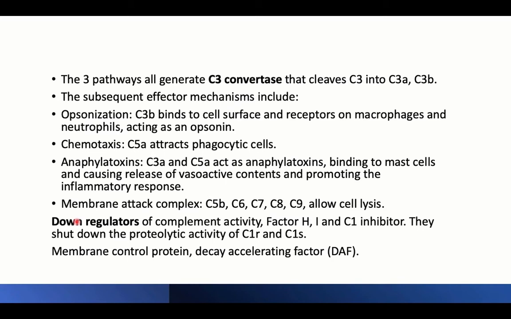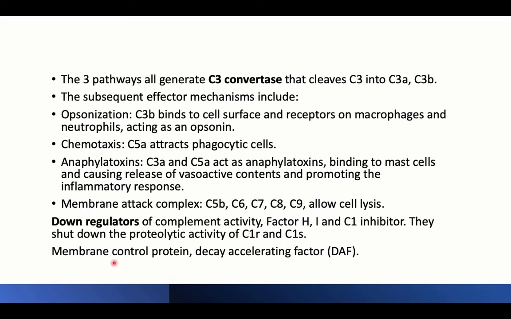These disorders have continuous activation of the complement system, resulting in disease. This is usually caused by deficiency of these down regulators of the complement activity, which include factor H, factor I, and the C1 inhibitor. These shut down the proteolytic activity of the C1 component of the complement system.